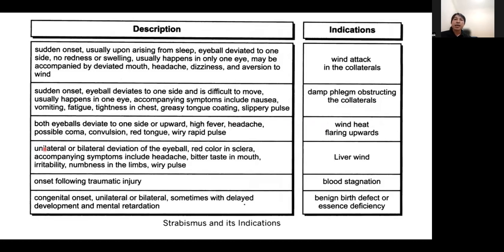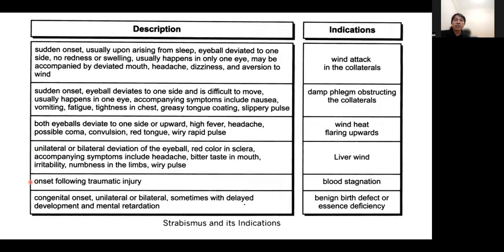Next, if there is unilateral or bilateral deviation of the eyeball, red sclera, accompanying symptoms include headache, bitter taste in the mouth, irritability, numbness in the limbs, and a wiry pulse, it is an indication of liver wind.